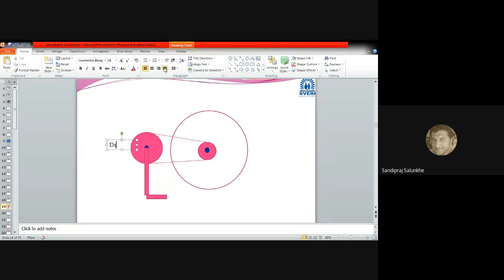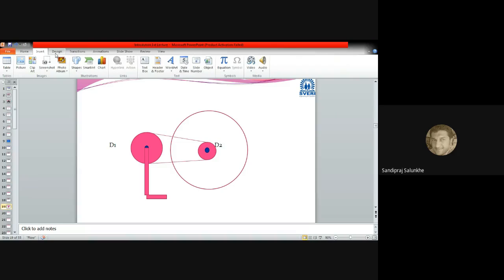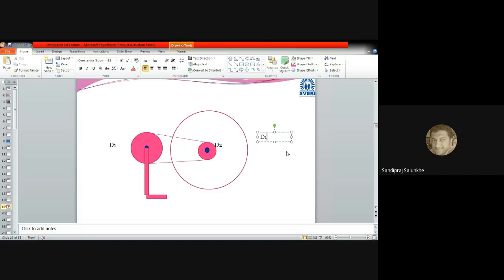So D1 is the diameter of the bigger wheel, and D2 is the diameter of the smaller wheel. And if D1 is equal to twice D2, then definitely if D1 rotates 1 revolution, D2 will rotate 2 revolutions.